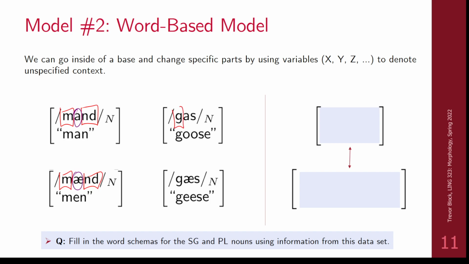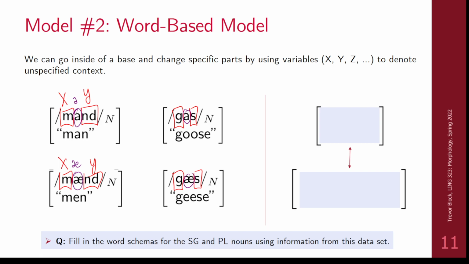So the first letter, G, the last letter S, in both of these are the same, but it's the vowel that's changing. Now, what's important in this example is that the M and the ND, the G and the S, it doesn't matter what they are. But there's something on the left and something on the right of this vowel. And that same stuff on the left and right, X and Y, stay the same, but the vowel changes.